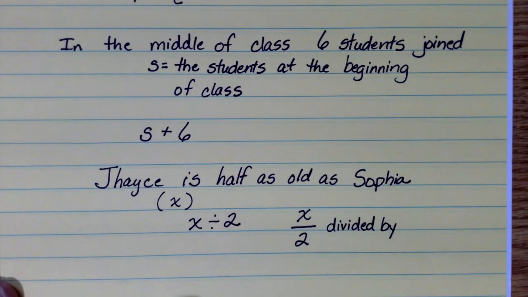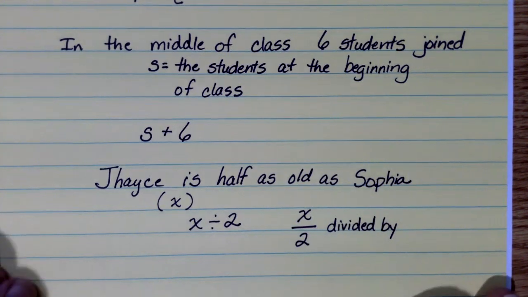Expressions can have more than one operation, so let's look at maybe some examples like that. So let's say there were 6 of us that went to dinner. 6 friends went to dinner.